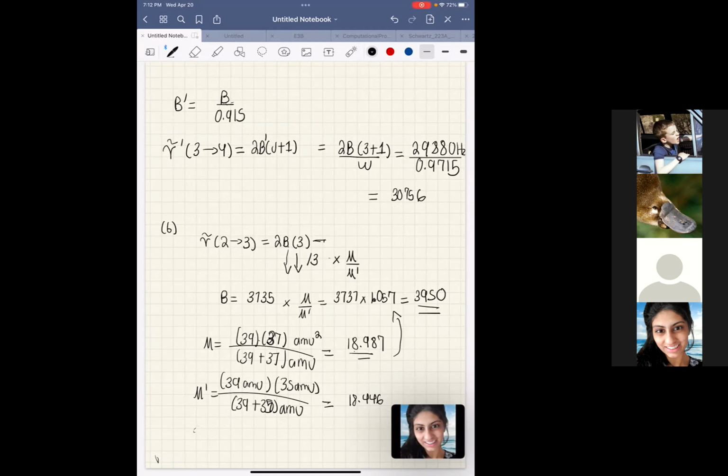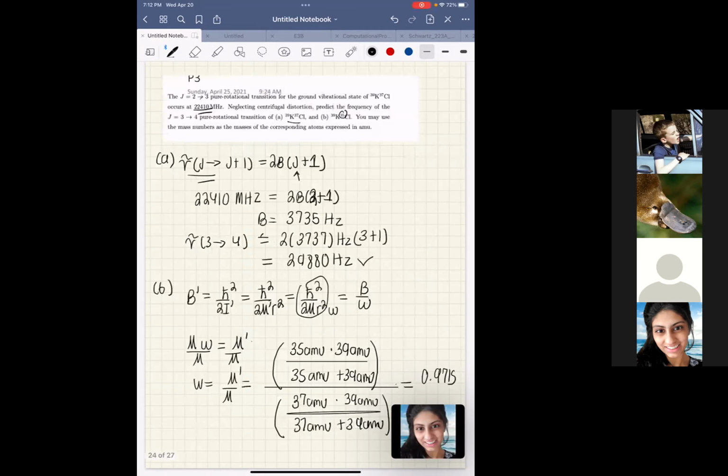Just remember to multiply by the old reduced mass and then divide by the new reduced mass. So if the old state is 3 to 4 but they want the new one to be 0 to 1, I can use this method, right? I just have to change the J plus 1. It doesn't have to do with the transition. It has to do with the B, a different isotope, so this changes here.